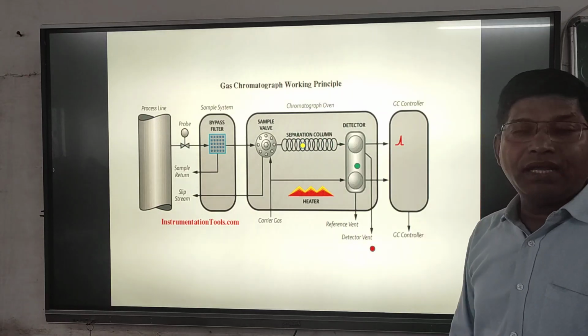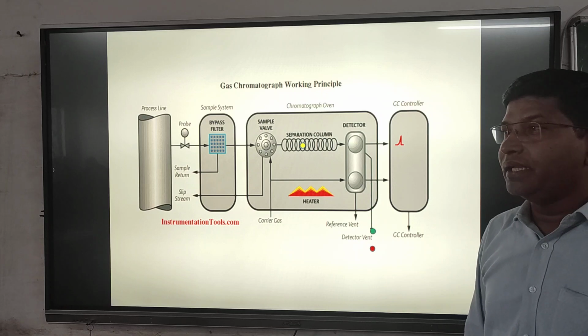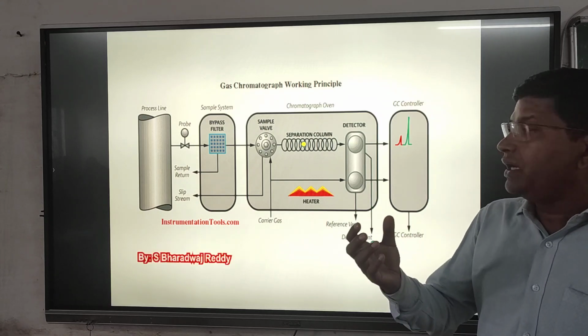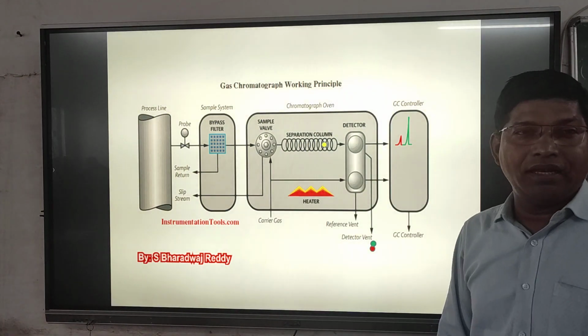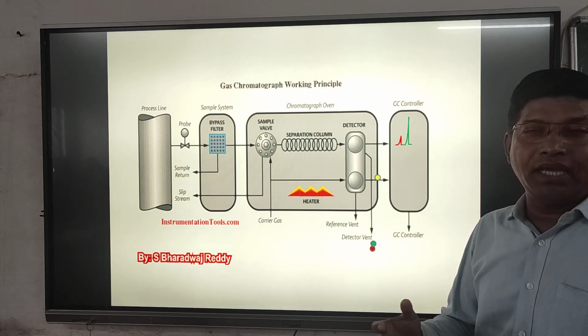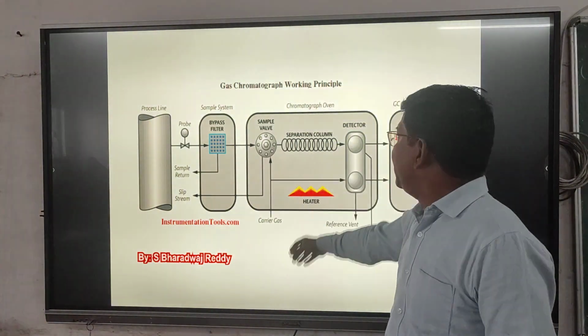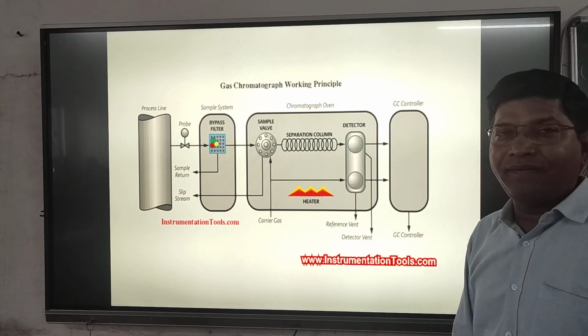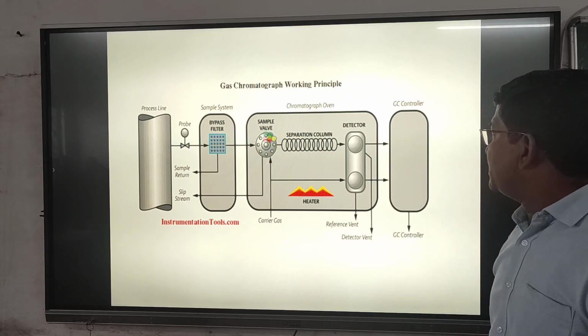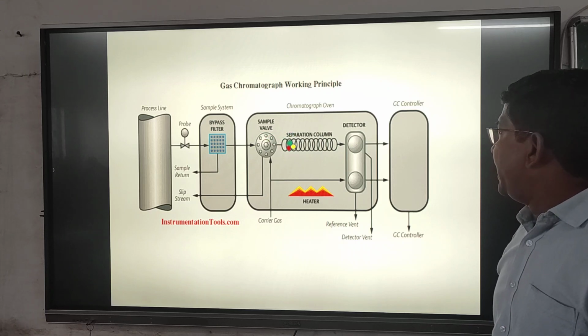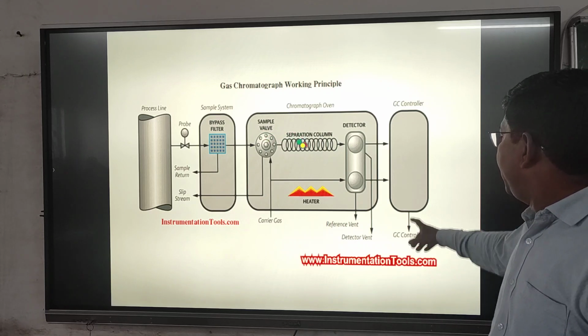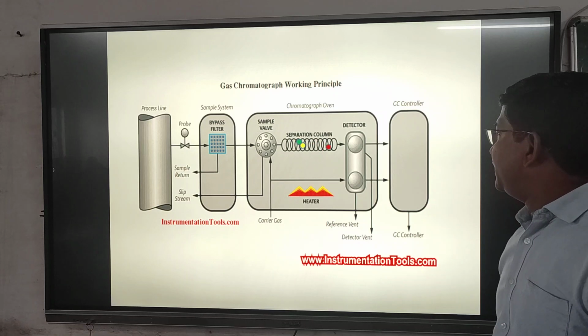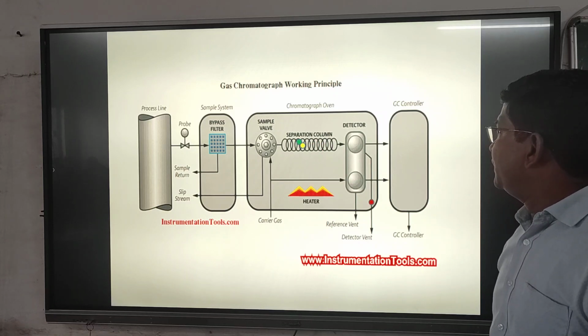In terms of polarity, the more polar the compound, the less volatile it is, and if a compound is less volatile, it moves slowly through the column. Finally we have the detector, in which the compounds are identified, and a display unit.